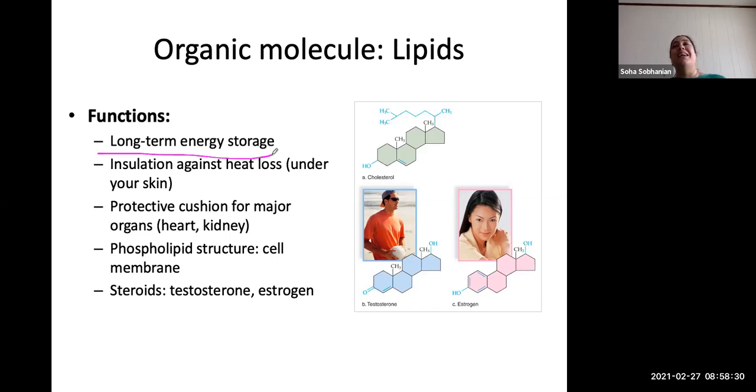I want to add this because this is one of the most common misconceptions I see among my students. They say, well, I consumed a lot of carbohydrate, I ate a lot of bread, why am I gaining weight? Or I ate a lot of proteins, why am I gaining weight, right? So understand this, guys, this is really important.